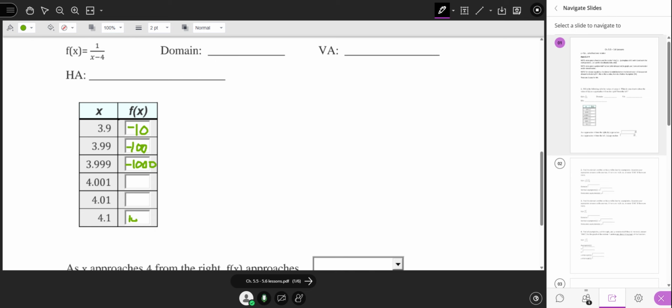This was positive 10, positive 100, and positive 1,000.